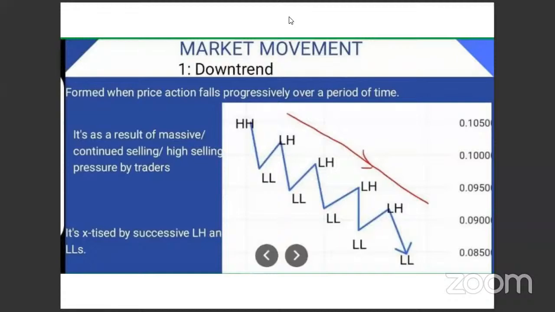As this market is moving down, it will not go down directly like this. No, as it will be moving down, it will move down, move up a little bit, move down, move up a little bit, and so on.